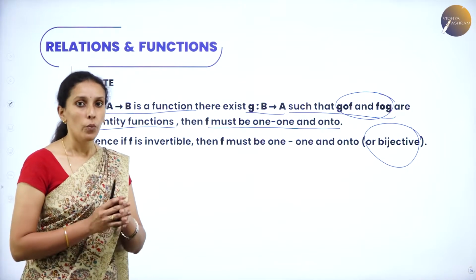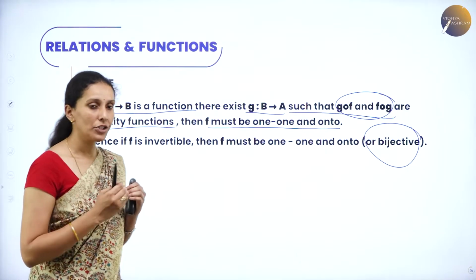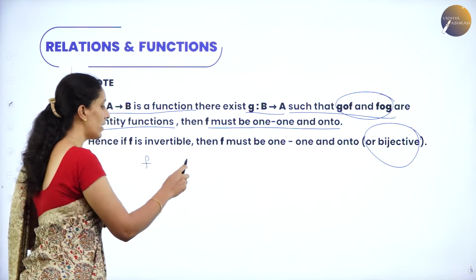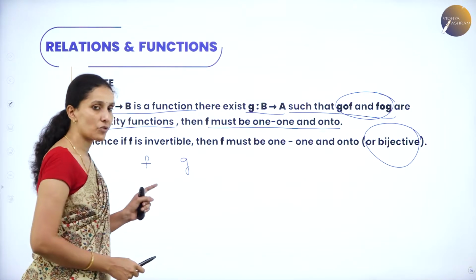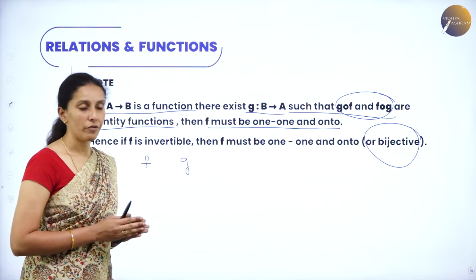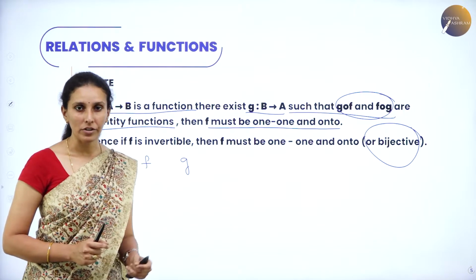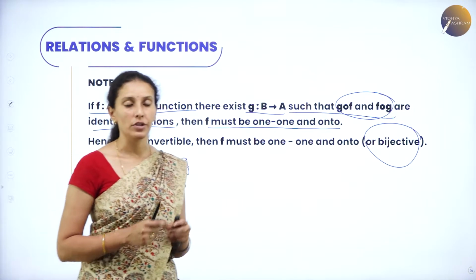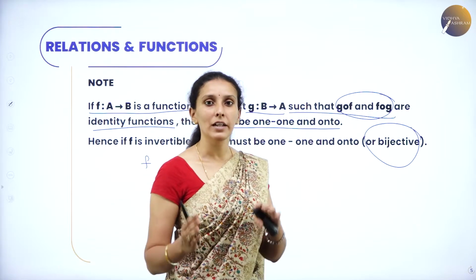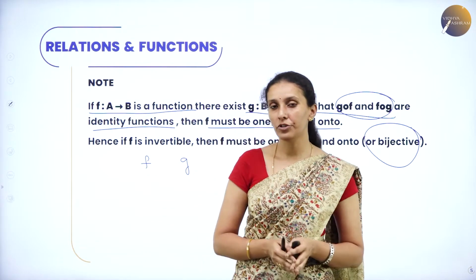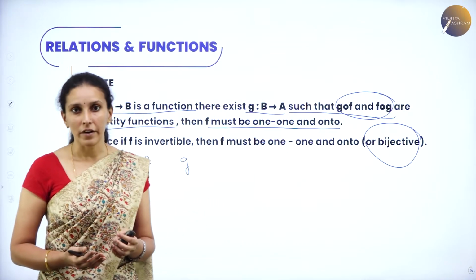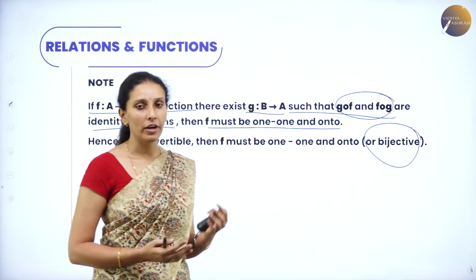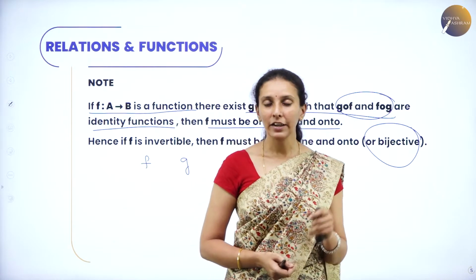Thus, we can verify whether a function f has an inverse g through two conditions. One is that we should show f is one-one and onto, or we should verify g naught f and f naught g as identity functions. So thus, f is invertible if f is a bijective function, or we can say f is invertible such that there exists a function g where g naught f and f naught g are identity functions.